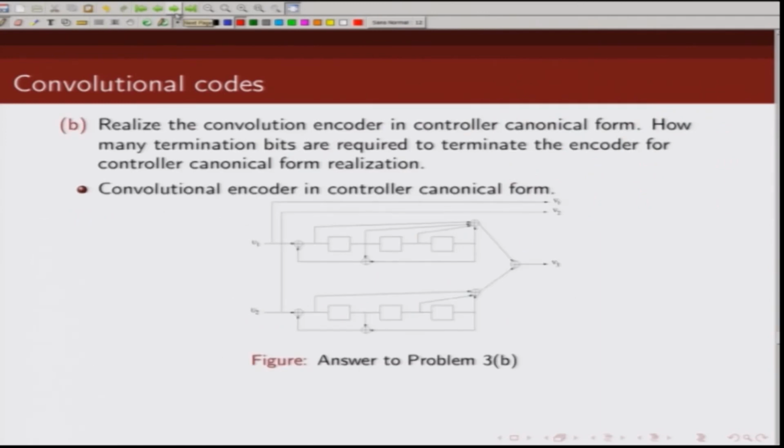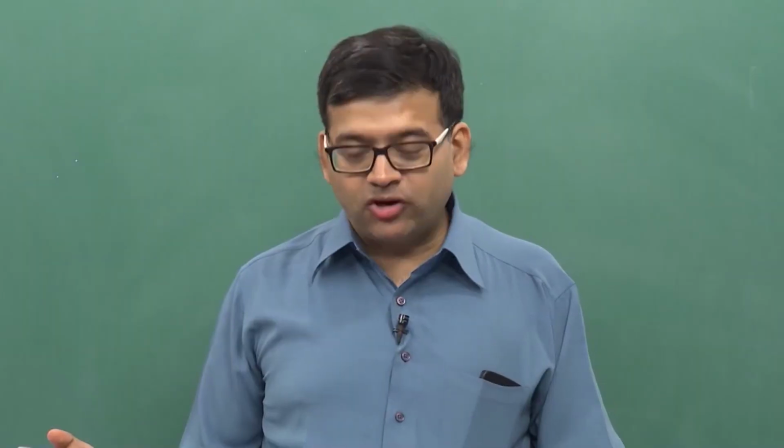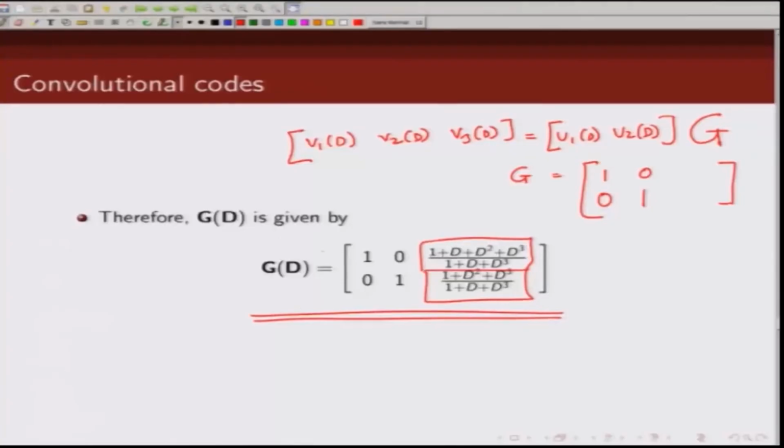Now, the next question is, can we realize this encoder in the controller canonical form? The answer is yes, we can realize it. We already have the expression for the generator matrix. To realize it in controller canonical form, there is one set of shift registers for each input. This is one input, this is the second input, right. Please note this is a feedback polynomial.